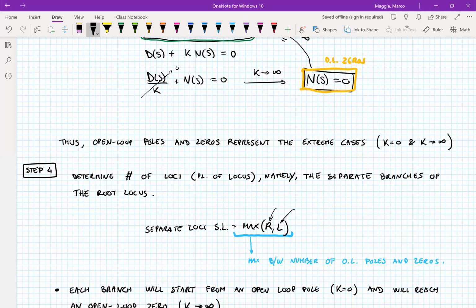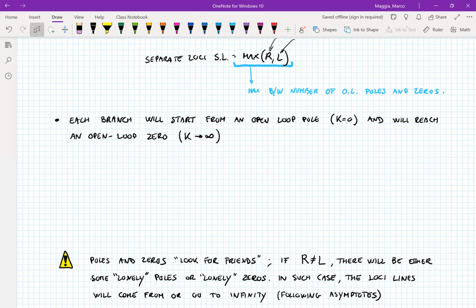Each branch, if we start from k equals 0 and we increase the value of k all the way to infinity, is like starting from an open loop pole, because that's when k is equal to 0. And then a branch of the root locus will connect the open loop pole with an open loop zero, which is what happens when k is all the way to infinity.